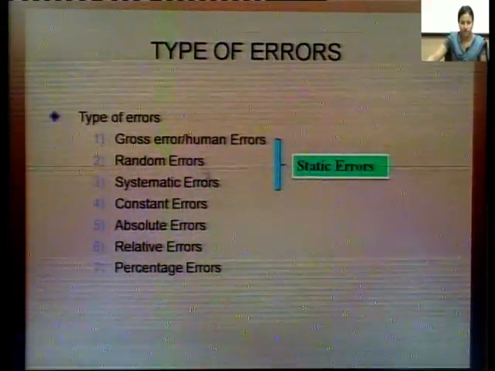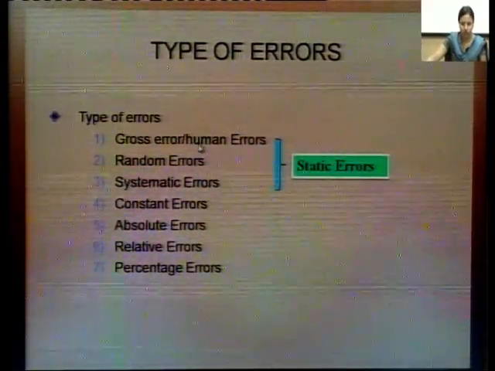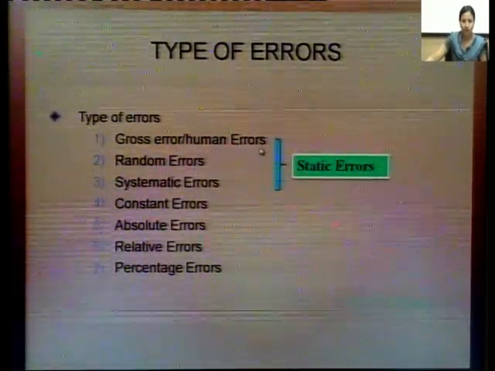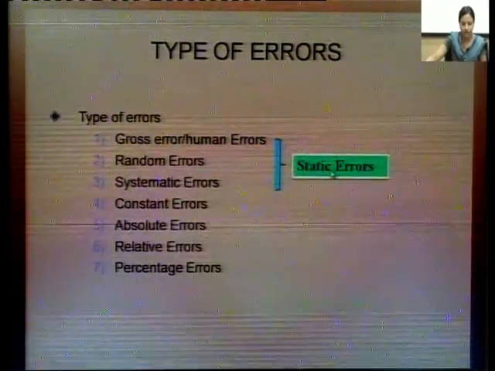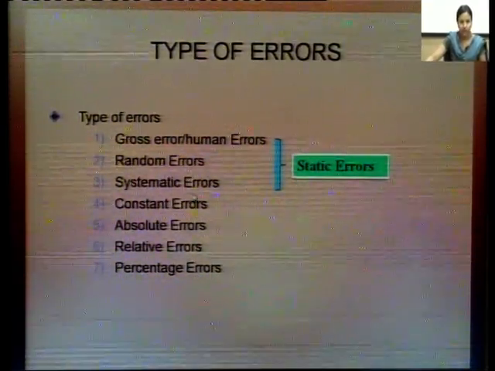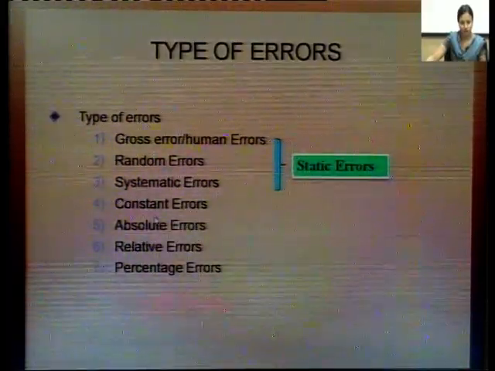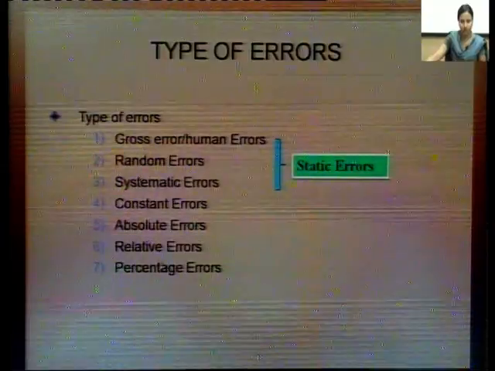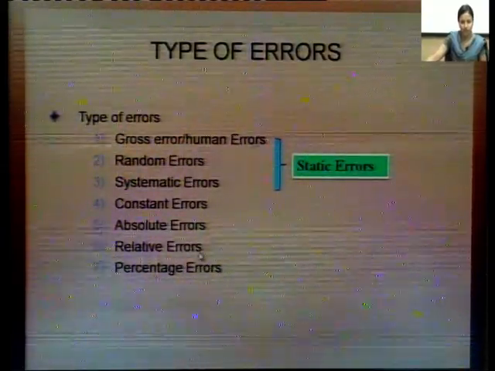All these three, that is gross error or human error, random error and systematic error, come under the type of static error. And next, fourth type is constant error. Fifth type is absolute error. Sixth one is relative error, and seventh one is percentage error.